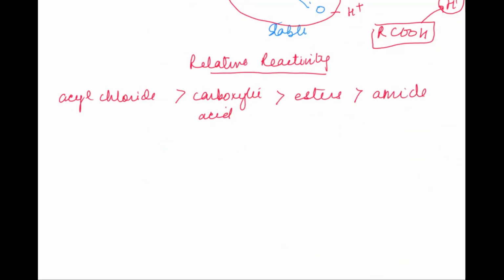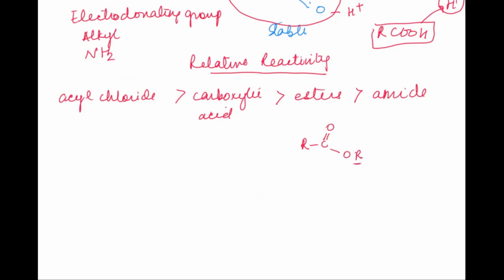Now the reason why esters and amides are less reactive than carboxylic acid: we have studied electron donating and electron withdrawing groups. Among the electron donating groups, we have alkyl groups and NH2 groups, the amine group. In the case of an ester, an alkyl group is bonded to the C double bond O and O and R, so this is another alkyl.